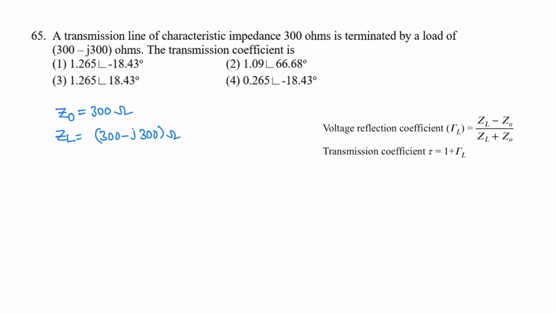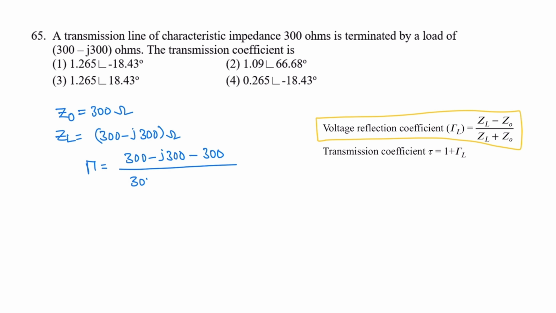We know that the reflection coefficient gamma is (ZL minus Z0) by (ZL plus Z0). So calculate gamma: (300 minus j300 minus 300) by (300 minus j300 plus 300). On calculation, its value is minus j by (2 minus j).